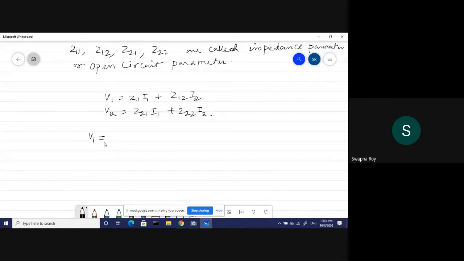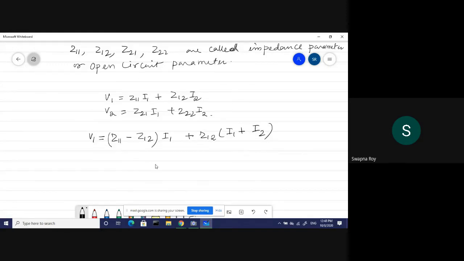V1 is equal to Z11 minus Z12 into I1. So we have here Z12 I1, which is excess. Now plus Z12 into I1 plus I2.